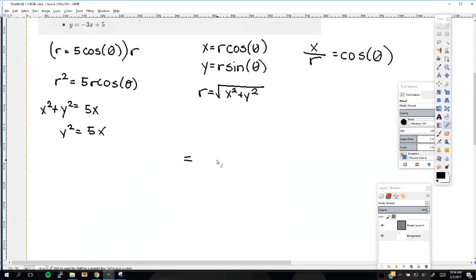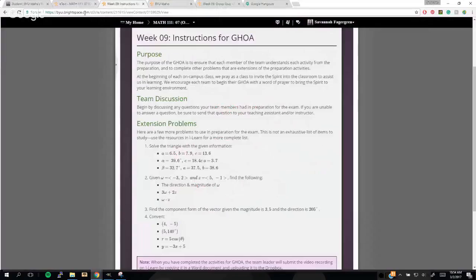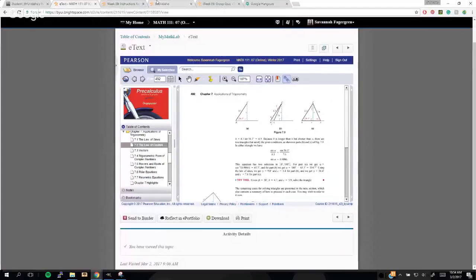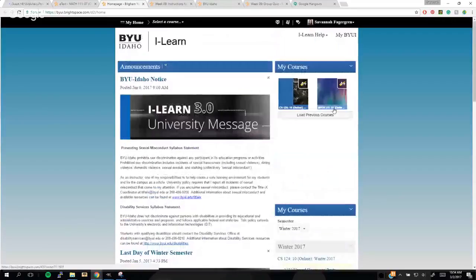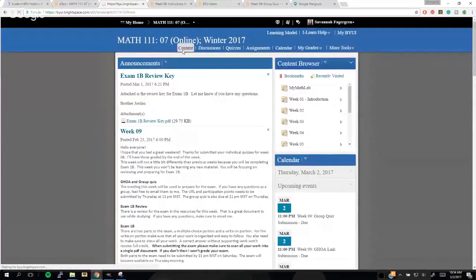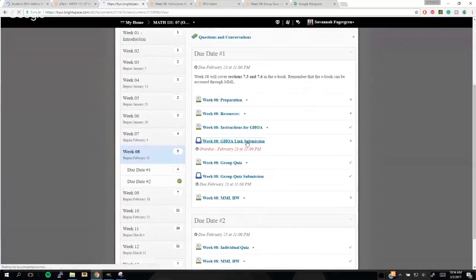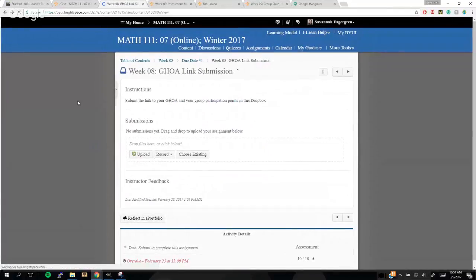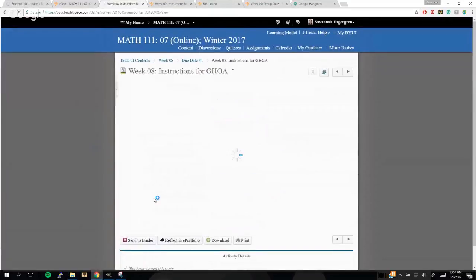Look at the GHOA for week 8. Okay. And then scroll down past the tree example to number 3.